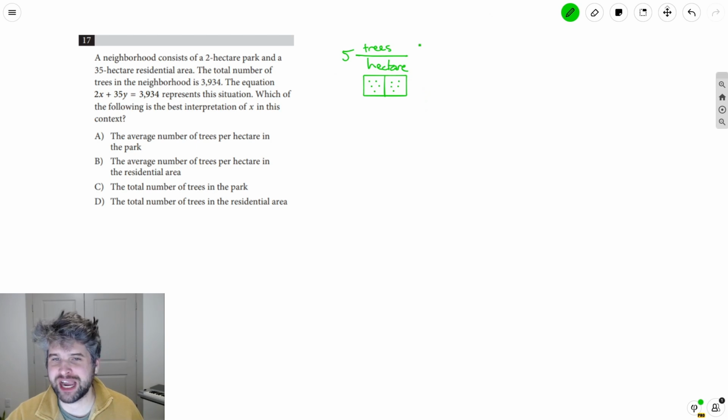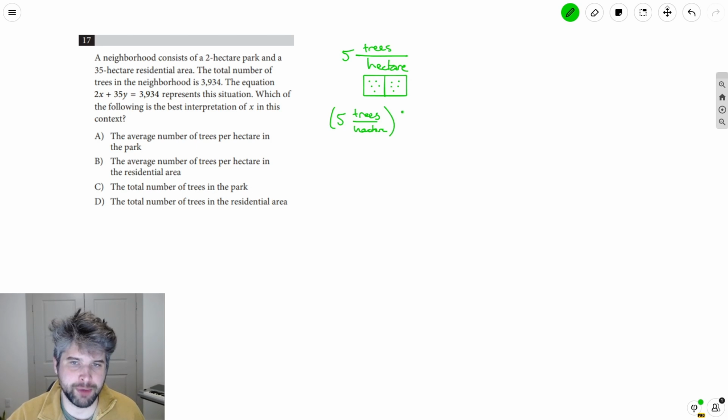If you wanted to find the total number of trees in the park, what you could do is take your average rate, your 5 trees per hectare, and multiply it by the number of hectares in the park, by the size of the park. There are 2 hectares. When we multiply the units together, something really important happens, and something that you really have to remember.